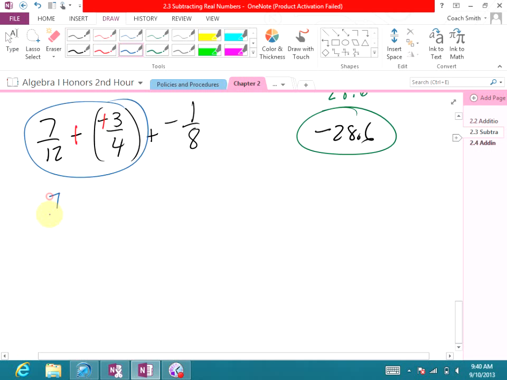The common denominator between 12 and 4 is 12. So that's going to give me 7/12 plus 9/12. Is that correct? Is that what everybody got? Okay. That gives me 16 over 12 plus negative 1 over 8.